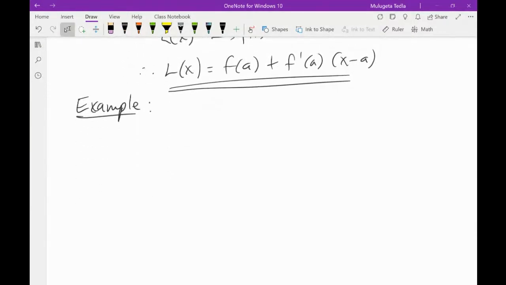So in question number, is it 18? Number 18. Oh no, we did number 18.